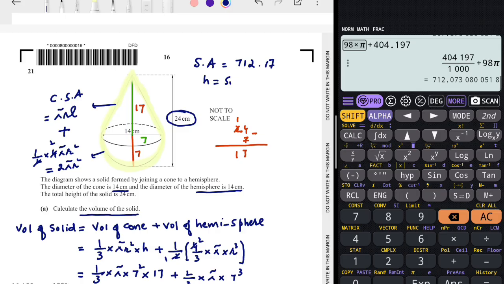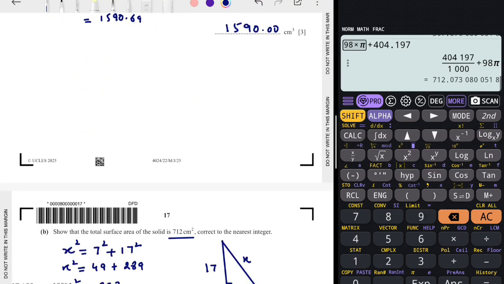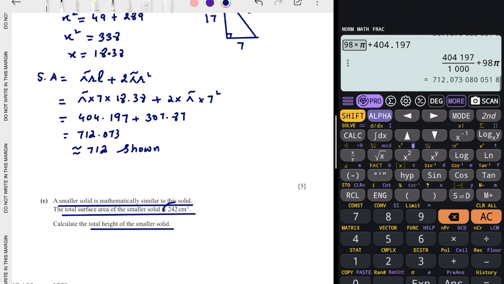Now we have to find out the height of the smaller solid, that is not given, but we have the surface area of the solid, that is 242 over here.